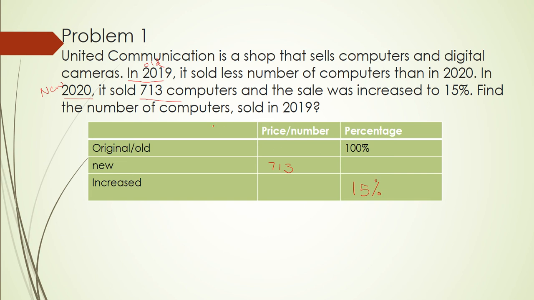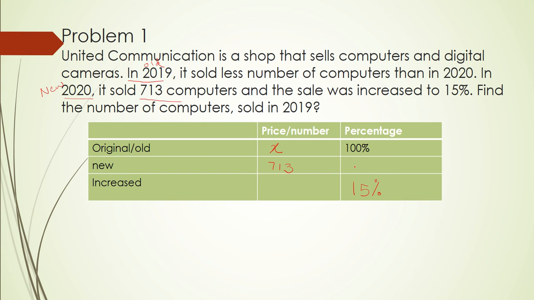Okay. Now it is a new value. What are they asking? The number of computers sold in 2019. It means we don't know. In 2019, that is the old number of computers sold, the old value, we don't know. We will write X over here. Now the increased amount is the number of computers, 713, and it is 15% more than the original.